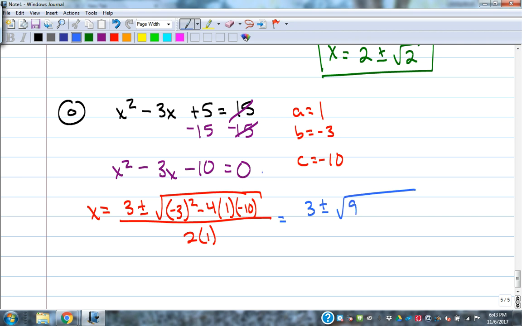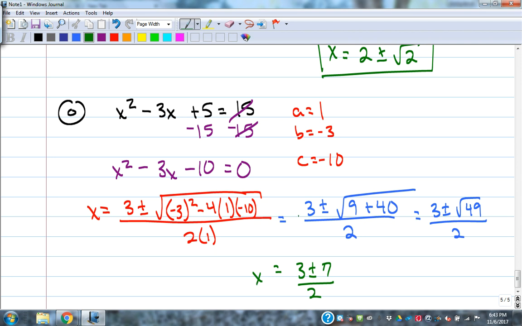Negative 3 squared is 9. Negative 4 times 1 is negative 4. Negative 4 times negative 10 would be positive 40. And that works out real nice because I get 3 plus or minus the square root of 49. And we know the square root of 49? Yeah. 3 plus or minus 7, divided by 2.